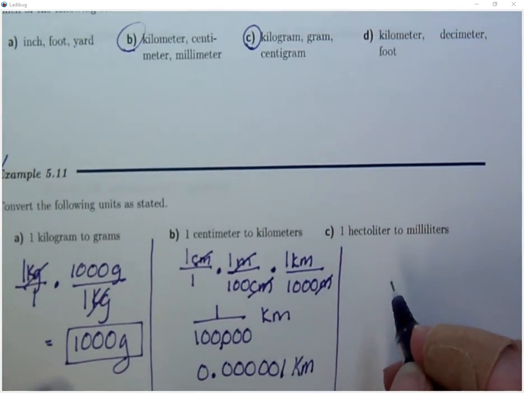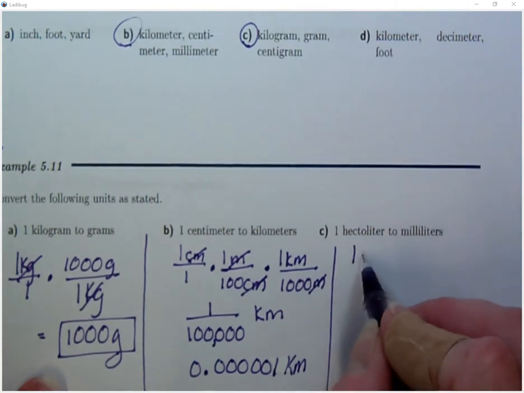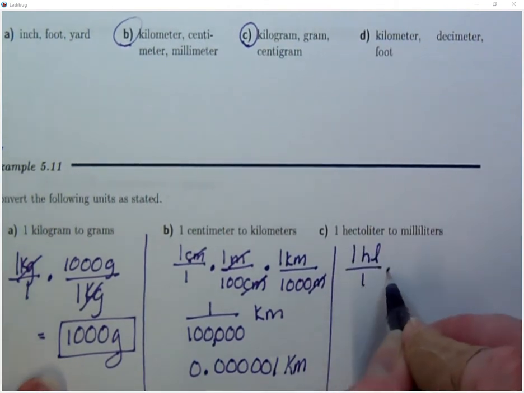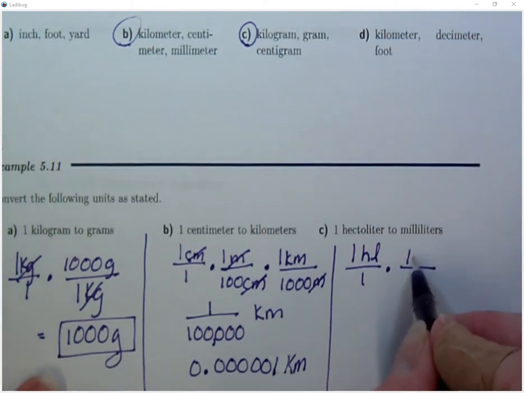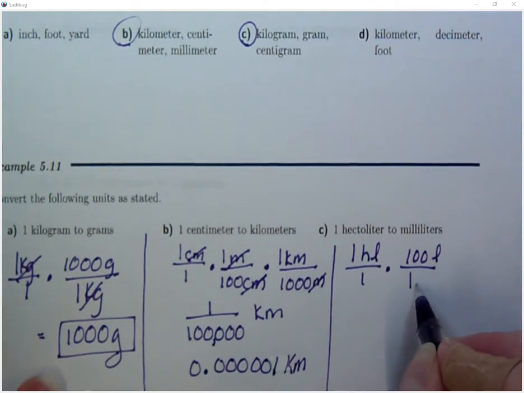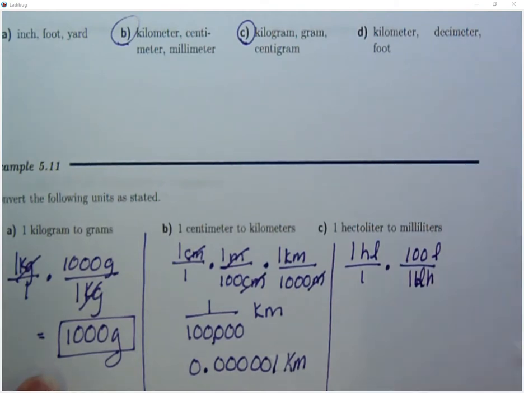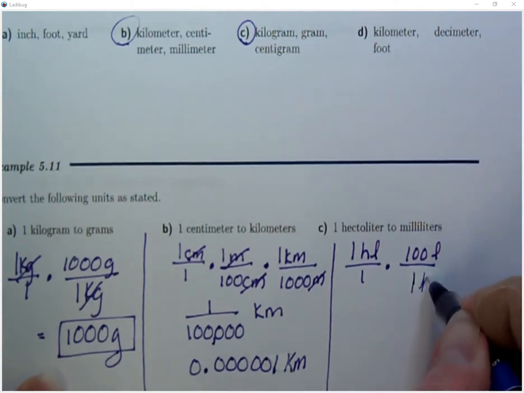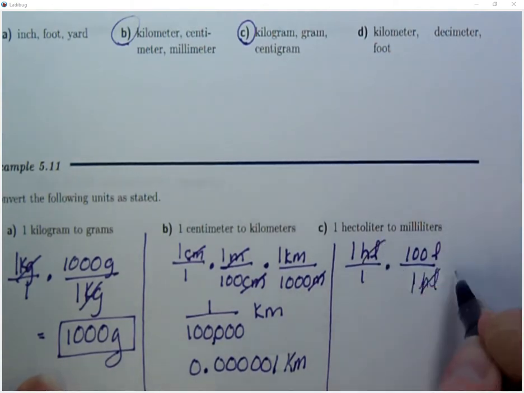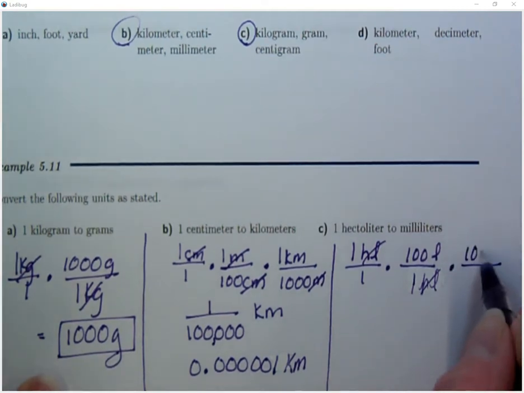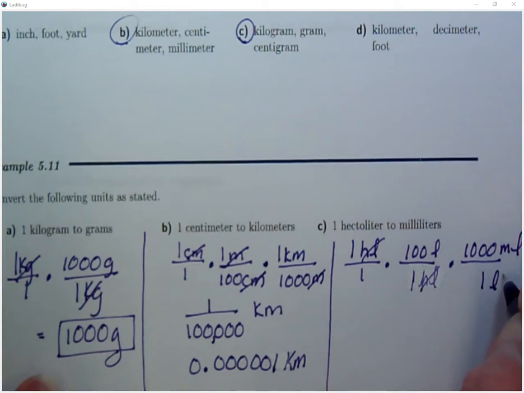And hectoliter to milliliters. 1 hectoliter. And then we have 100 liters to 1 hectoliter. And then 1,000 milliliters to 1 liter.